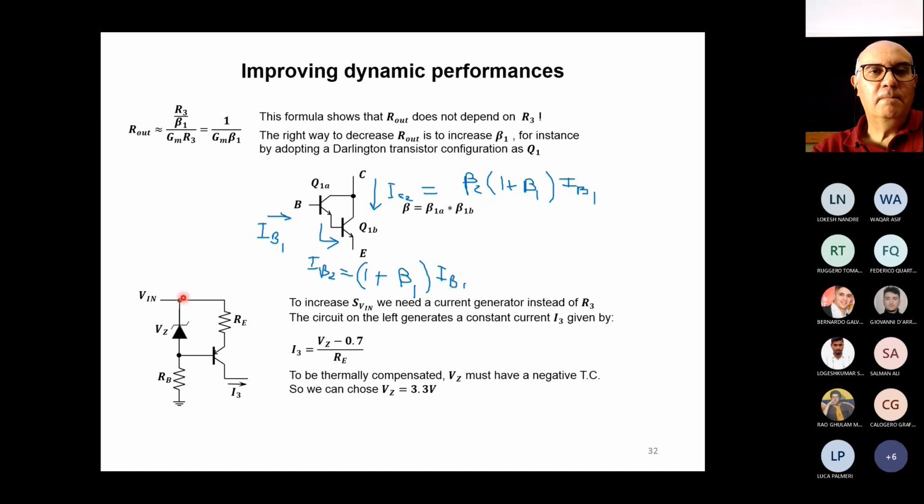We have Vin here, and this Zener diode is correctly biased, so across the Zener diode there is a voltage that is more or less Vz. We don't need to consider a more complicated circuit than this. We are usually used to having a resistor on top and a Zener diode on the bottom. In this case, they are placed the other way, but they still work fine. So once the Zener diode is reverse biased, the voltage across it is Vz itself.